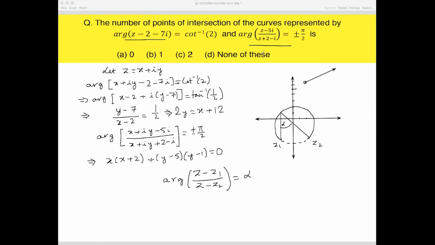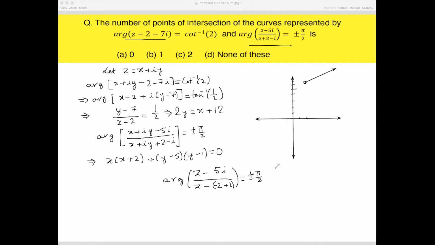So coming back to the given curve here, we note that it is arg((z - 5i)/(z - (-2 + i))), and this is equal to ±π/2.